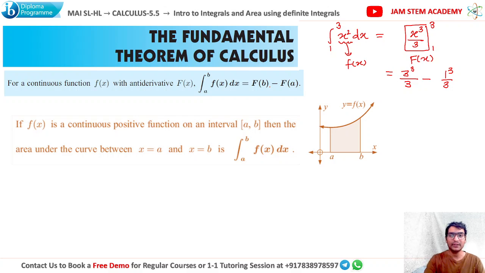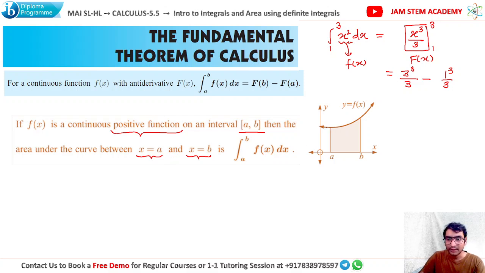Okay, so let's say you have a continuous function here which is also positive in the interval a to b. Now the area under the curve between x equal to a and x equal to b of that f of x with the x-axis is given by the integration from lower limit to upper limit of f of x dx. That's the answer.